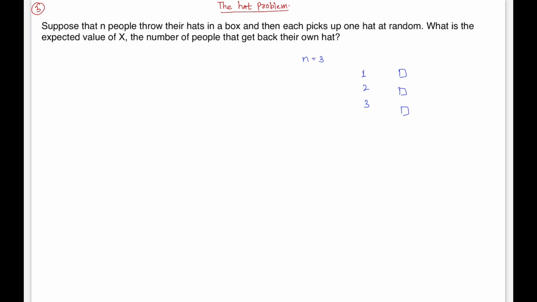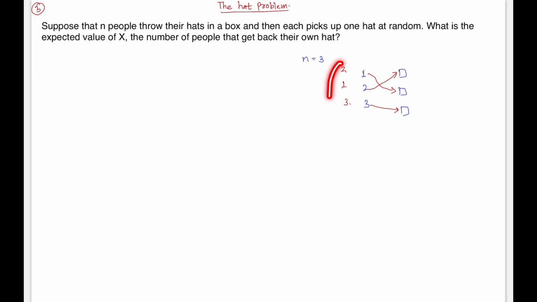So maybe one possibility is that person 1 will pick the second person's hat, or person 2 will pick the first person's hat, or person 3 will pick his own hat. Let me write it down here. This is the hat that person 1 has picked. So person 1 has picked person 2's hat, and person 2 has picked person 1's hat, and 3 has picked his own hat. So this is one of the possibilities, right?